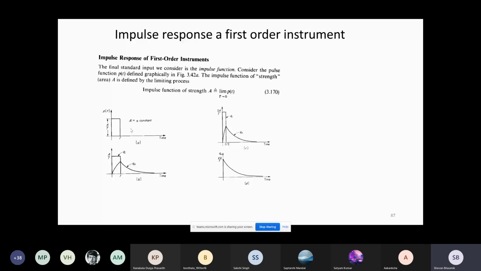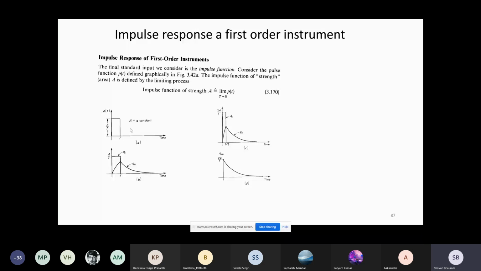For such input, the output of a first order system will gradually increase, and then as time goes on and there is no input to the system, the output will gradually decrease, and you can consider that as the second part of B. Now if the width is changed to T by 2, the height of the signal will also be increased by twice, so 2A by T. The width is small and the magnitude of the signal is high.